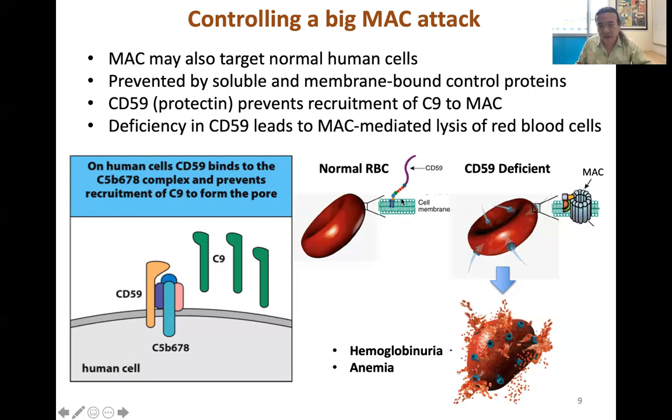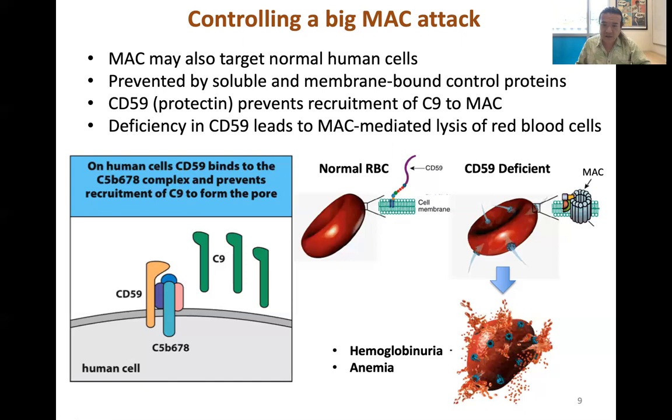Here's an example of a person who's born with some sort of deficiency in CD59. In their red blood cells, if we were to zoom in on the surface, here's the cell membrane. Here the CD59 is drawn as this funny sort of peptide chain. I know it looks quite a bit different than the orange cartoon over here, but it's a nice reminder: these are just cartoons, and depending upon who drew them, things can look really different. But the point is, in people who are born deficient in CD59, the red blood cells are targeted by the membrane attack complex of their own immune system, resulting in destruction of large numbers of red blood cells.